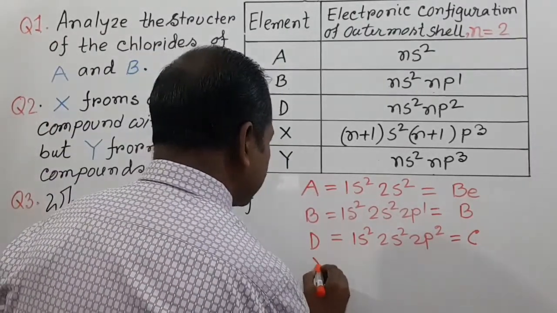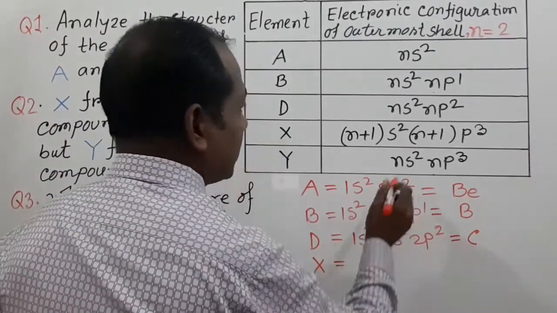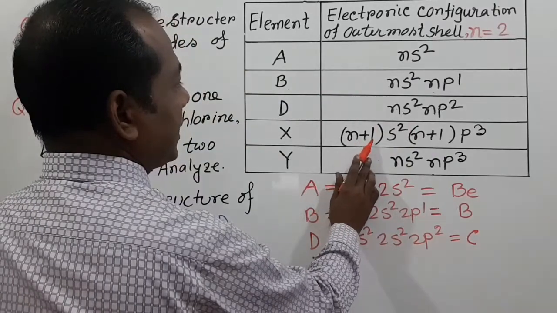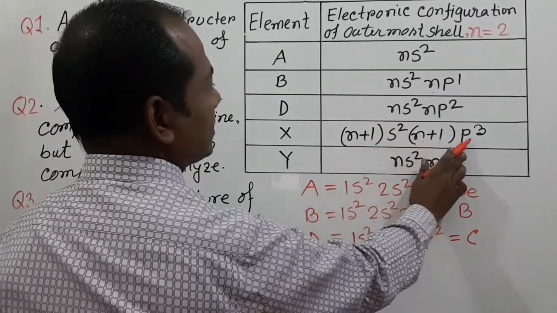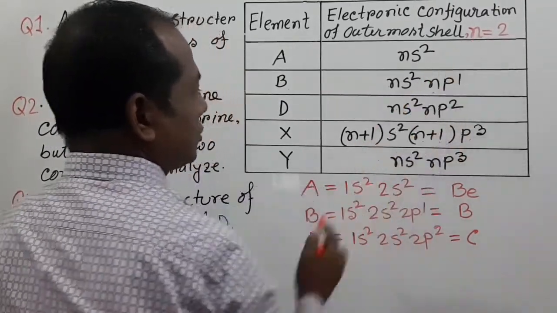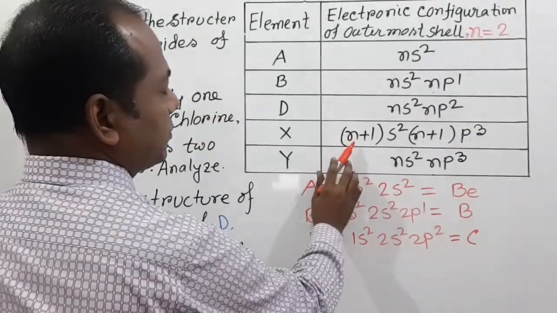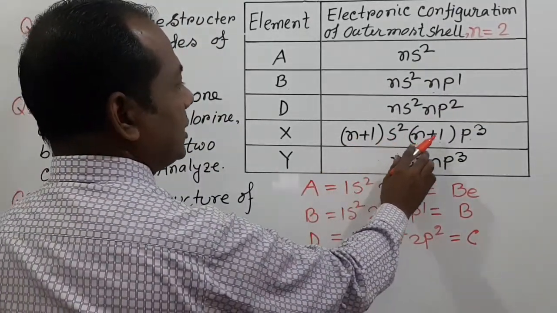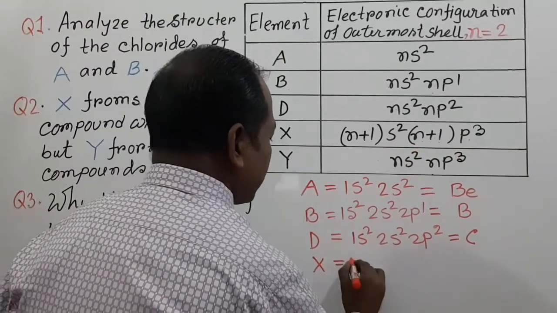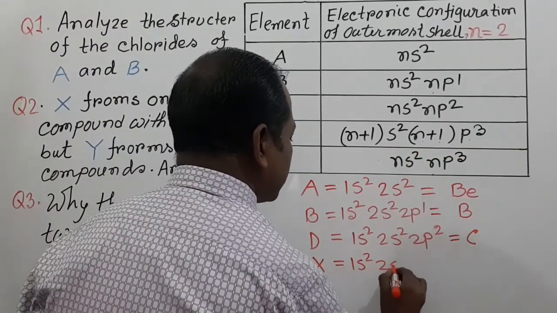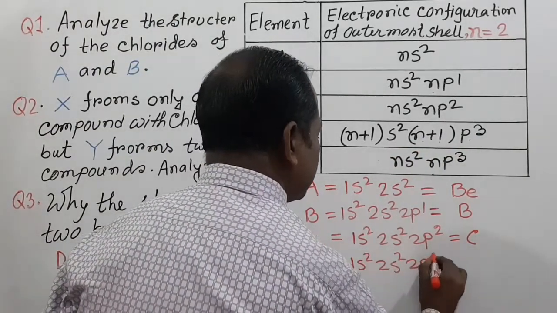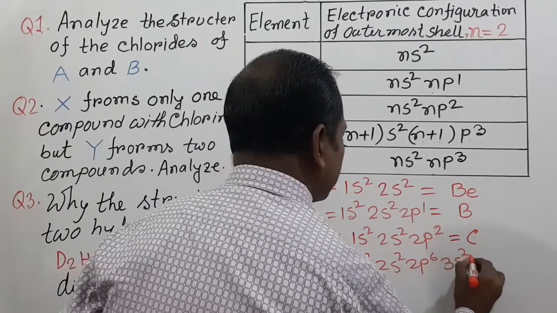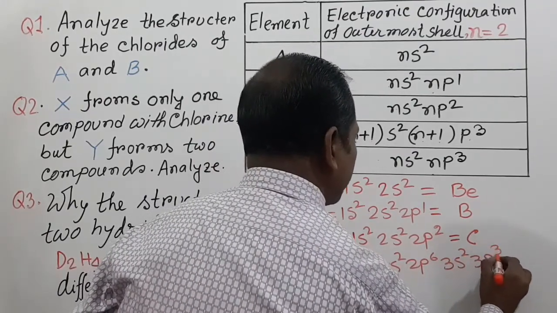And here X, the electronic configuration is (n+1)s2 (n+1)p3. Here n equals 2, so this is 3s2 3p3. So we can write 1s2 2s2 2p6 3s2 3p3.